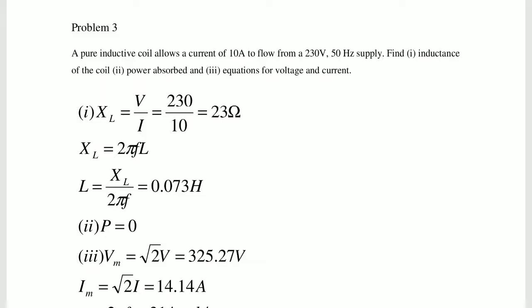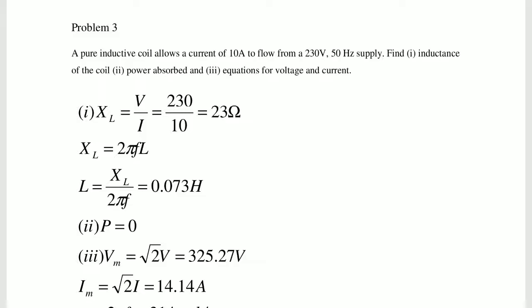So what is the reactance formula here? XL means inductive reactance. XL is equal to voltage by current. Here voltage is given as 230 volts and current is 10 amps.